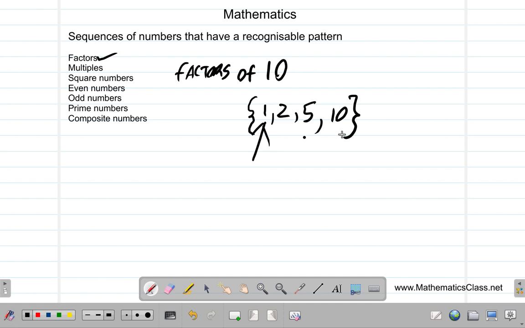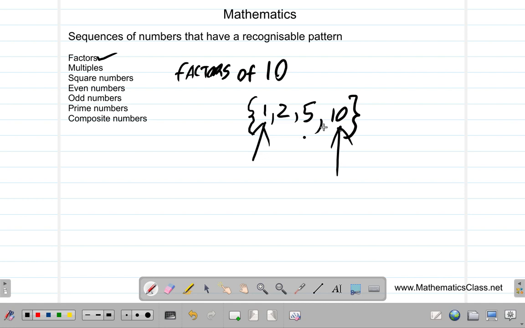And a number is a factor of itself. 10 can go into 10 without leaving a remainder. So you always have 1 and the number as factors. Of course, you also have 2 and 5, other numbers that can go in without leaving a remainder. So the factors are those.